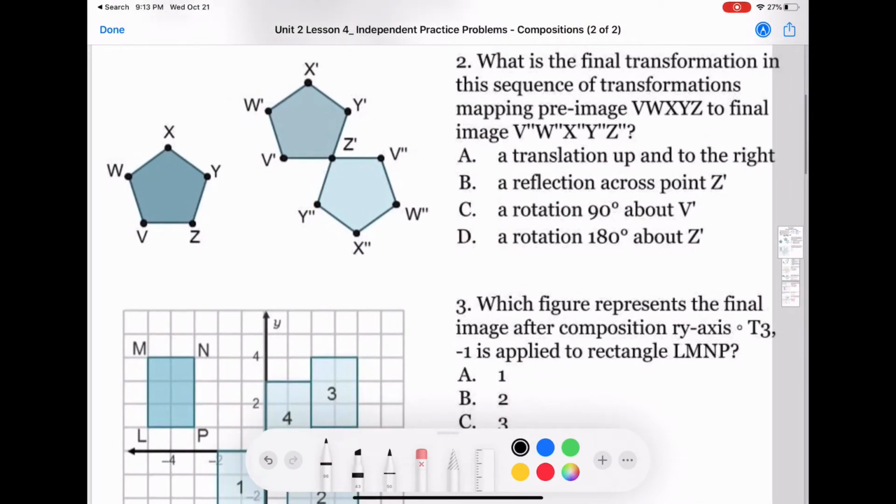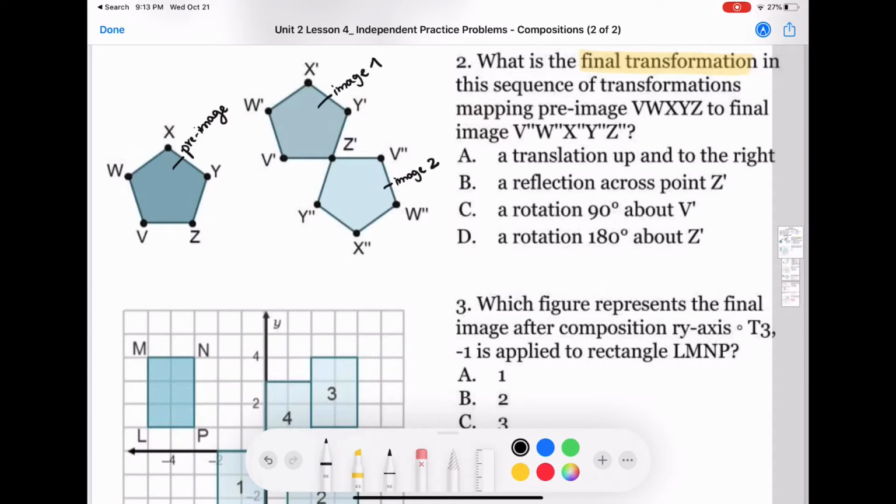This problem says, what is the final transformation in the sequence of transformations mapping pre-image V, W, X, Y, and Z to final image V prime, W prime, X prime, Y prime, and Z prime? So we're looking for the final transformation. So what we want to do is identify our pre-image, our image after our first transformation, and then our image after our final transformation.